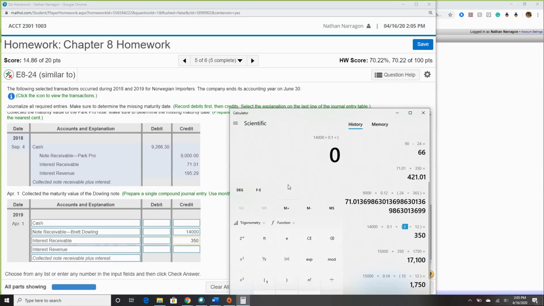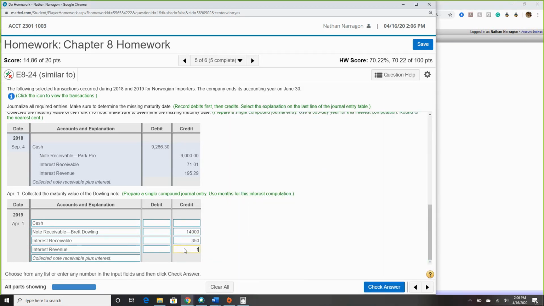Since this was a 1-year note, that basically breaks down to 12 months. Since I've already calculated 3 months, all I have left is 9. So 9 divided by 12 would mean I have interest of 1,050.